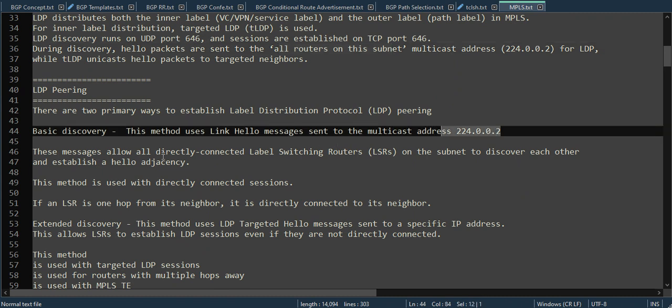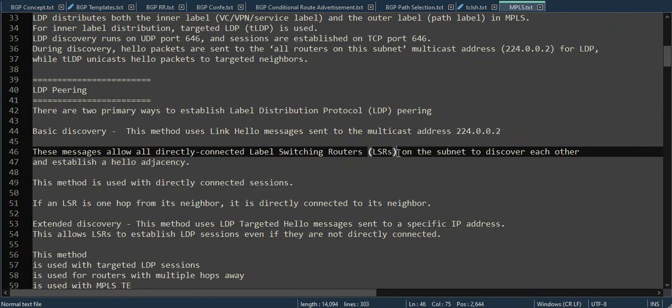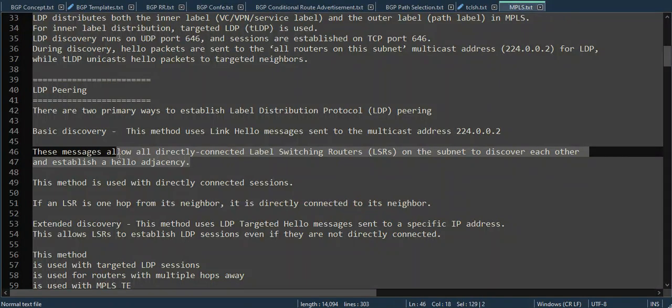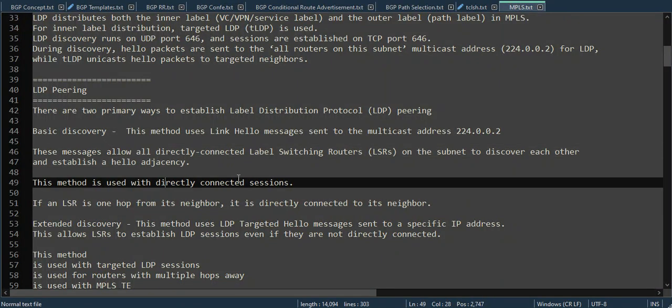These messages allow all directly connected label switch routers, LSRs or provider routers, on the subnet to discover each other and establish a hello adjacency.